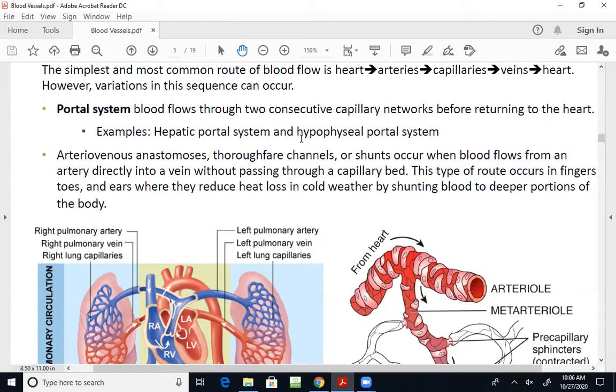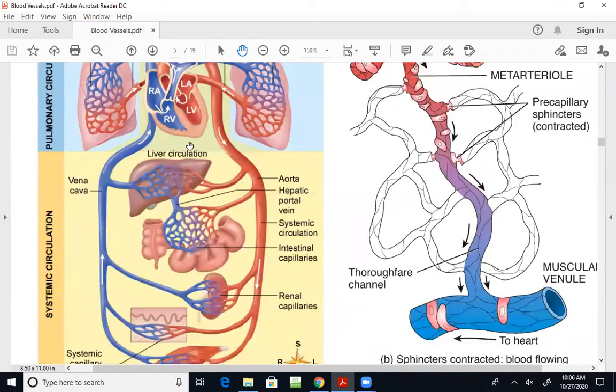Okay, it allowed for hormones to be carried directly from your hypothalamus to your anterior pituitary. In the case of the hepatic portal system, we'll look at that on a slide towards the end of the lecture. But this enables blood to carry nutrients that we absorb from our small intestines directly to our liver, because that's where we metabolize them, process them, and decide what to do with them.